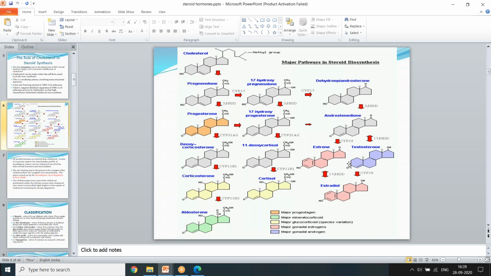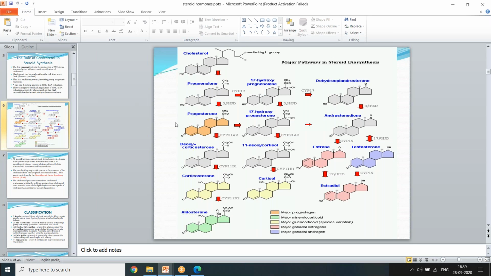Okay, now the aromatase enzyme can act also on testosterone and it can give estradiol or the estrogens. So just don't blindly draw the biosynthetic pathway. Name all the important enzymes that I am mentioning just now.